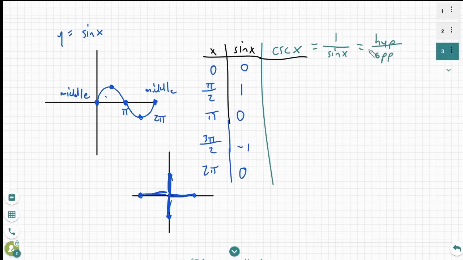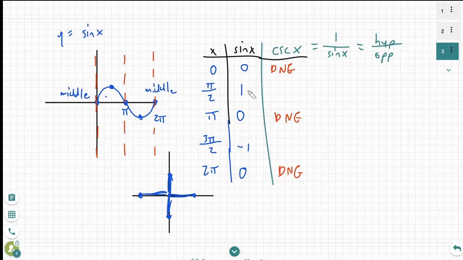This one would have the asymptotes again, right? Yeah, exactly. Instead of having 0, you'd have undefined, because 0 over 1 becomes 1 over 0. So cosecant's going to have asymptotes here, here, and here. So all the intercepts.